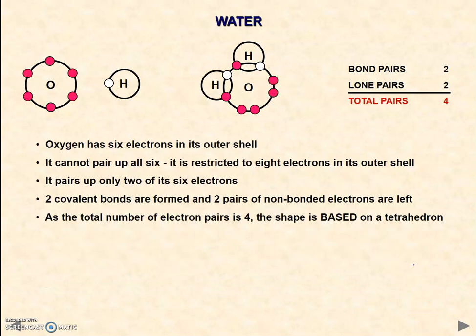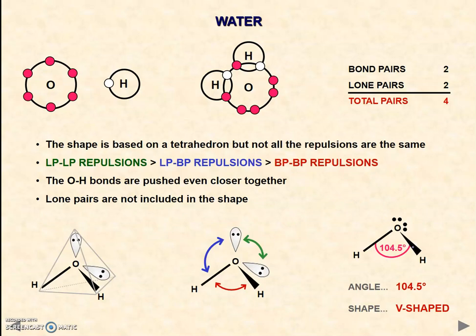When you have 2 bond pairs and 2 lone pairs around the central atom, such as molecules involving oxygen, we now have both lone pair repulsion and lone pair bond pair repulsion, in addition to the bond pair repulsion.